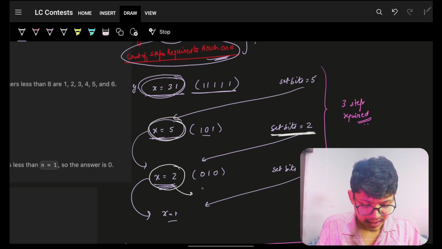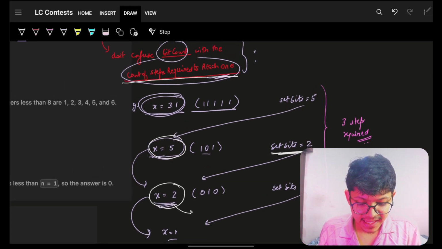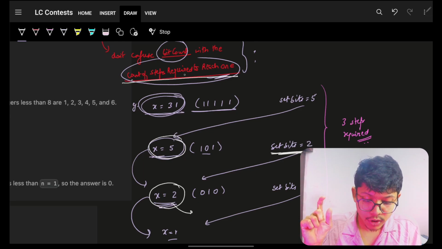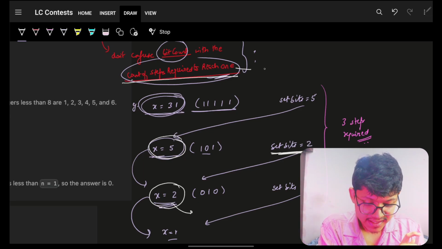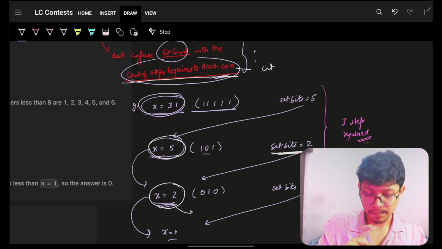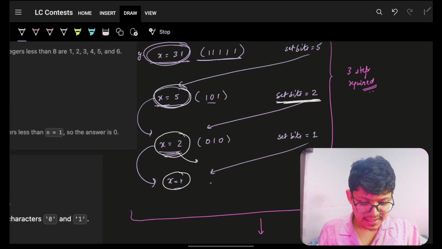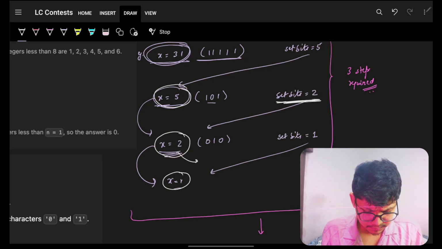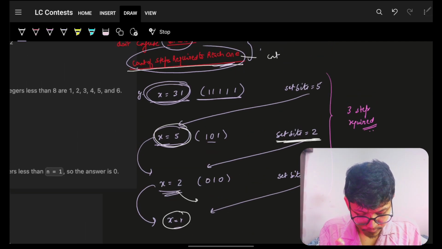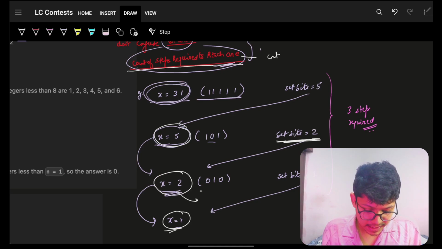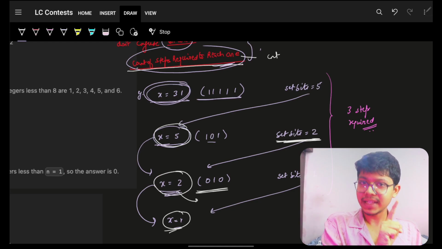Let's say the abbreviation of this entire term, count of steps required to reach 1, is count, CNT. Remember this, I will use the same thing in future. So for this count of 1, let's start from here. Let's say this is what you have to reach. So for 2, you had 1 set bit here.